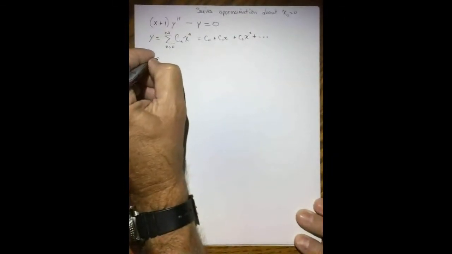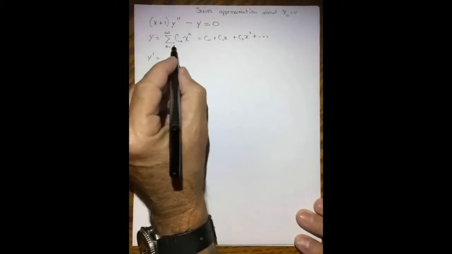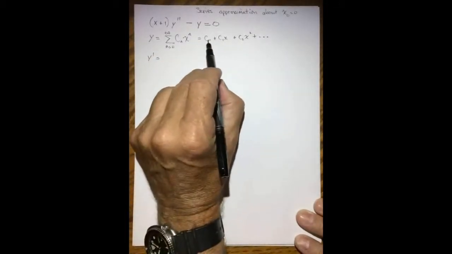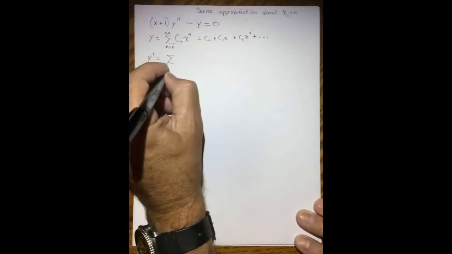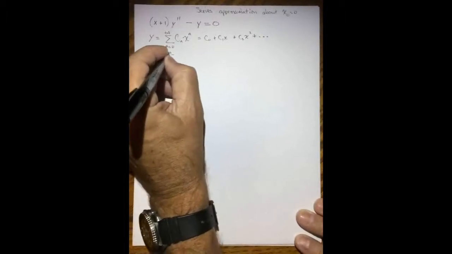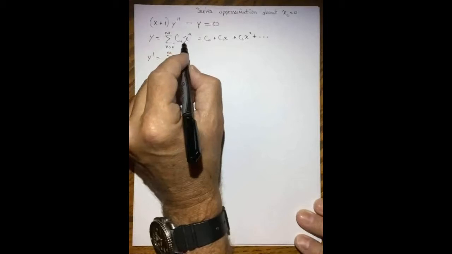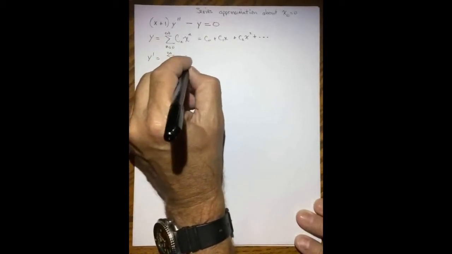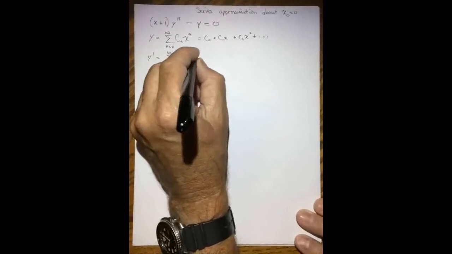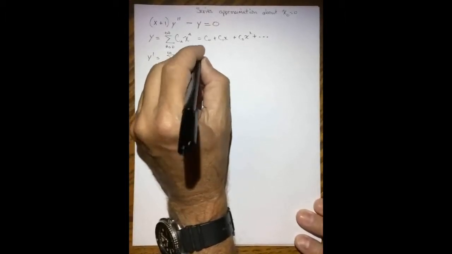Then the first derivative, we just differentiate this, but when we differentiate it, we lose the first term. So the first derivative is going to begin at n equals 1 to infinity. In general, this is n c sub n x to the power n minus 1.